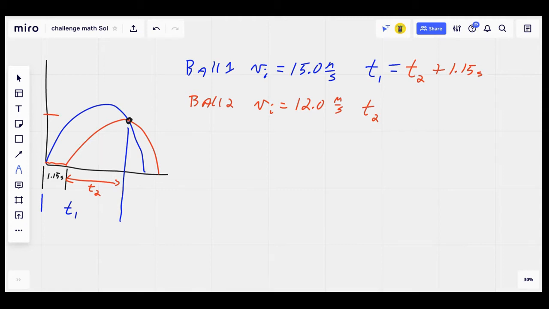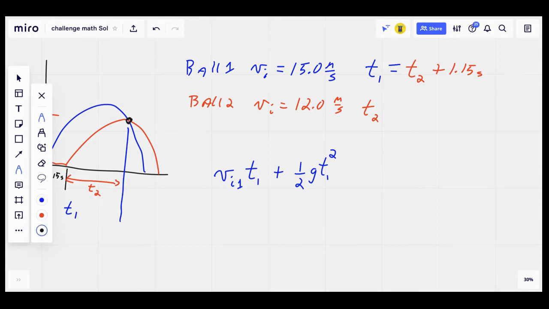So I'm just going to start my equation like this: V initial ball one times T1 plus 1/2 gravity, the acceleration, T1 squared.